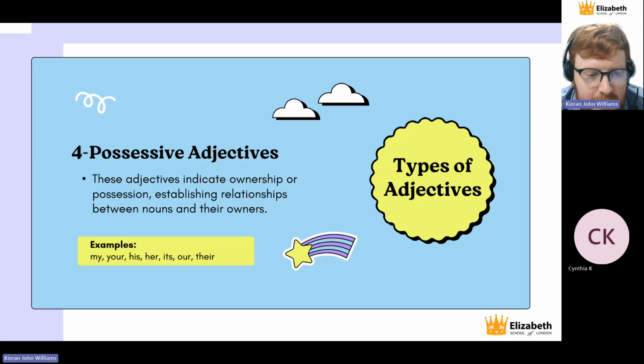You can see here we've got the examples of my, your, his, her, its, our, and their. So if we want to know whose dog it is, for example, we could say it is my dog, it is her dog. These are possessive adjectives because they tell us who owns that thing or person.